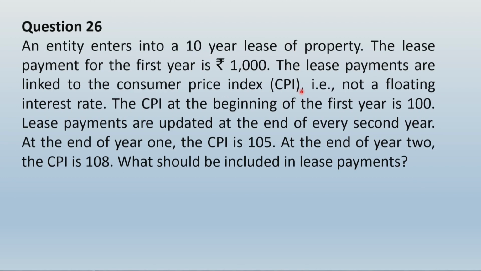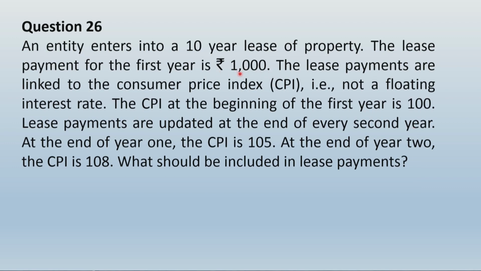And have you noticed one thing, that the change in the rent will be after every second year, because lease payments are updated at end of every second year. That means once you fix a lease payment, it will be applicable for 2 years.